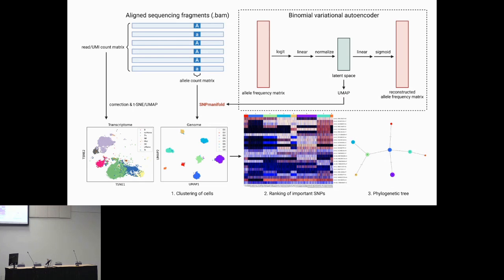We can learn the latent vectors for each cell, and we find that these latent vectors are a good representation of the single cell genotypes because they can extract patterns more clearly than the raw signals. Based on this latent space, we can perform clustering, parent selection and also phylogeny.